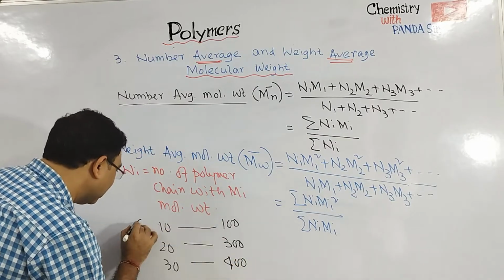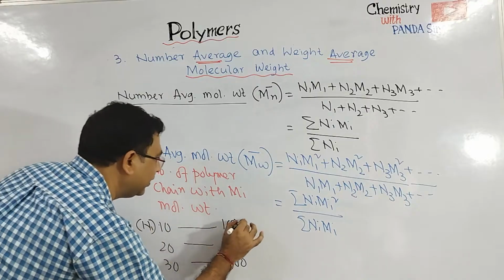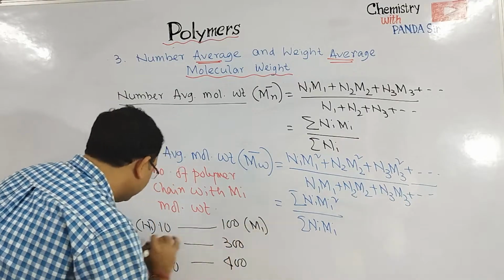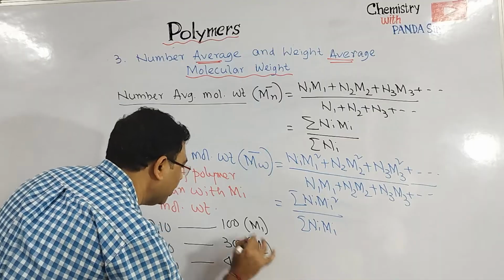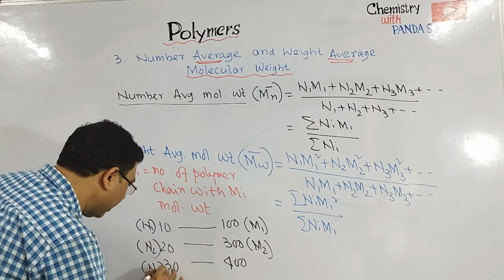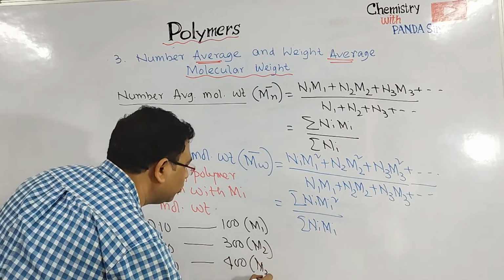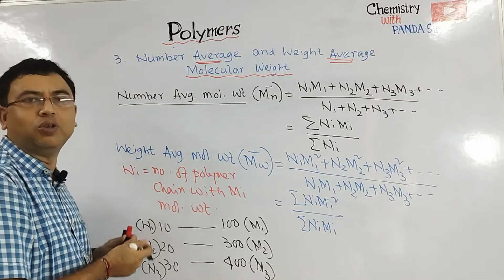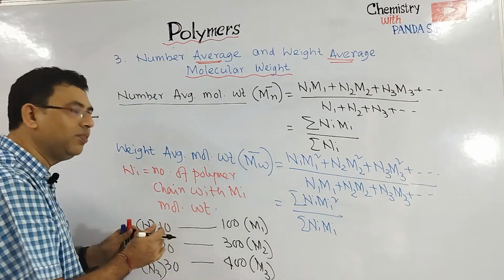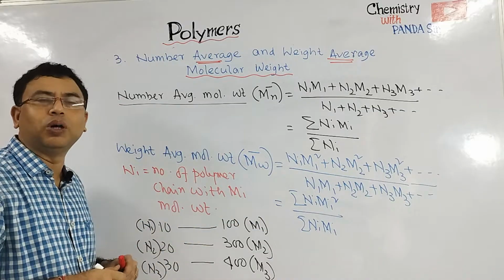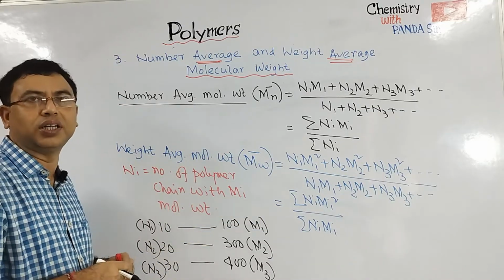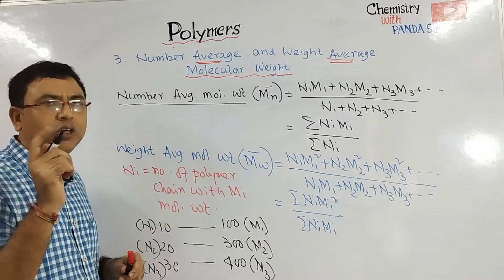So this is my N1 and this is M1, this is N2 and this is M2, and this is N3 and this is M3. This is how it will be given in the numerical. It will be clearly given in the numerical what the distribution of the molecular mass is and how many chains there are. We are going to do a quick numerical for that.